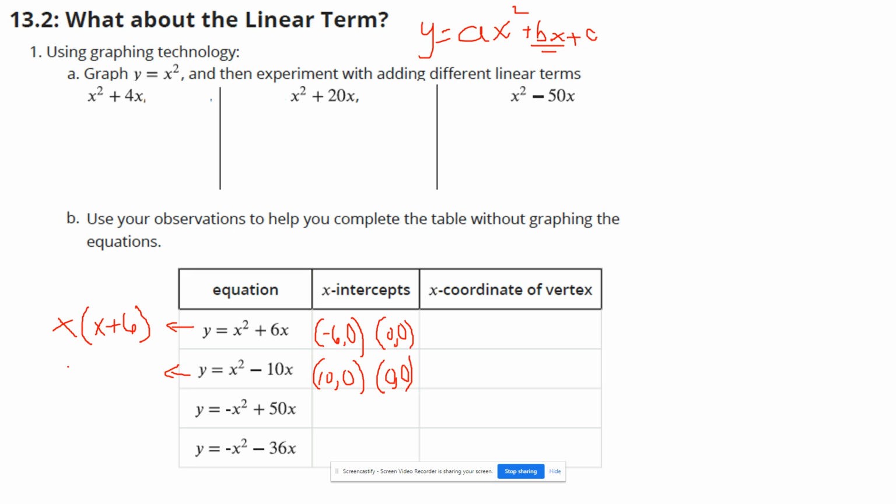Now, what do you notice about our x-intercepts? Well, in this case, this x will be the x-intercept of 0, 0, and this x plus 6 will give us the x-intercept of -6, comma 0.